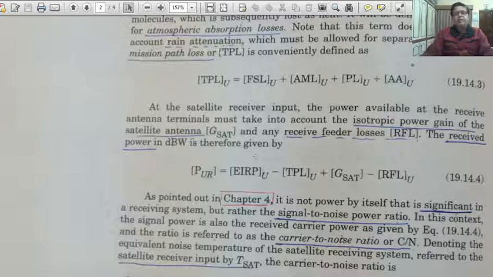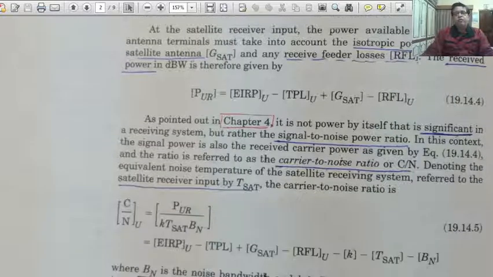The received power in dBW is therefore given by PUR equal to EIRP U minus TPLU plus GSAT minus RFLU.